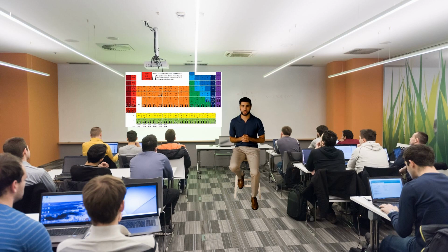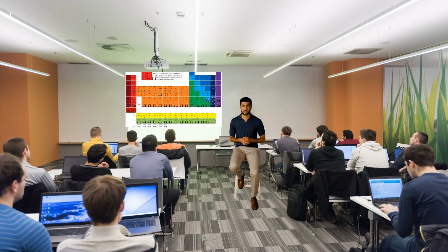He left gaps in his table, correctly predicting the existence and properties of several elements that had not yet been discovered. This predictive power helped validate the periodic approach and established Mendeleev's table as a foundational scientific achievement.